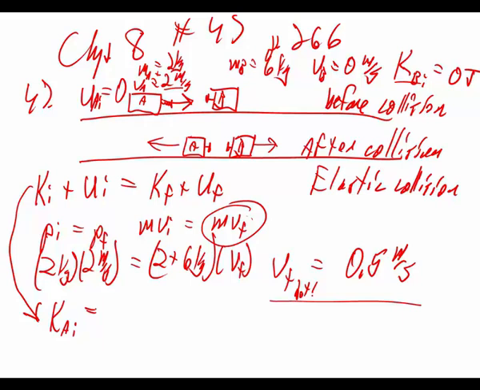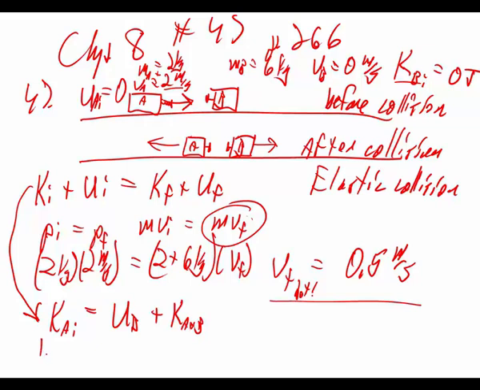Now, we're looking for what? We're looking for the potential energy of B and the kinetic energy of both, right? Kinetic energy of A and B. All right. So let's plug everything in.